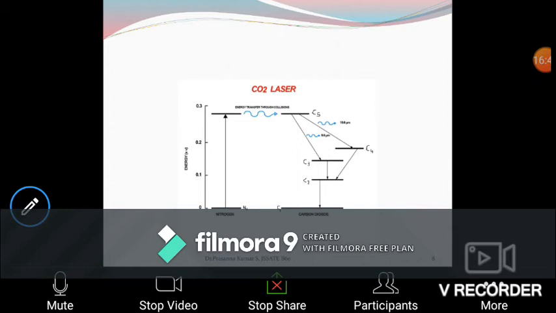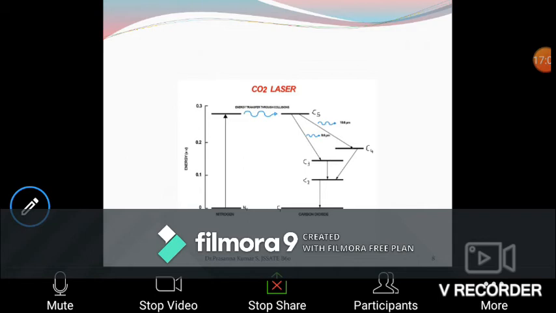Since C5 is a metastable state, by continuous electrical discharge you can continuously move nitrogen atoms to N2, and they collide with carbon dioxide and are collected at C5. This can be done continuously.